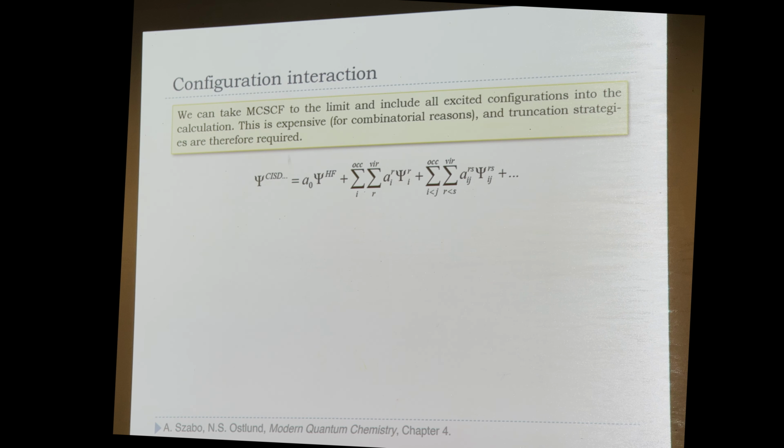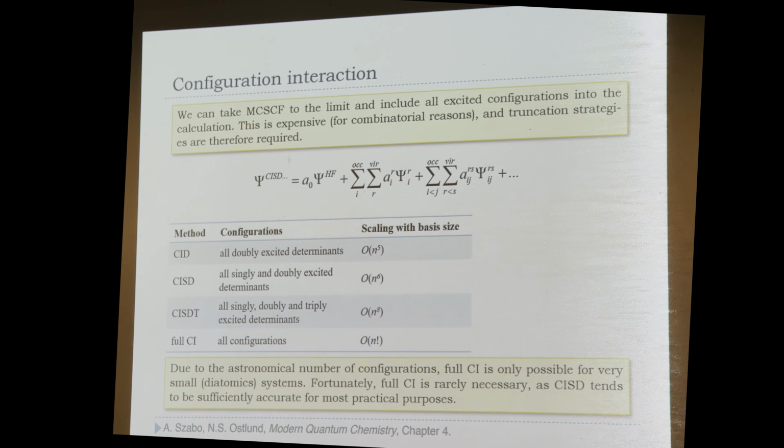And typically, for well-behaved molecules, if you truncate it at the second order, this captures 99% of the electron correlation effects as well. But unlike Møller-Plesset, this is strictly variational. So all these abbreviations you will see once again when you start doing your homework.